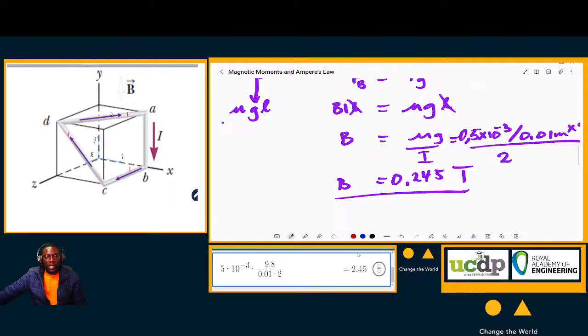So that one makes an angle, and this one is cutting the field perpendicular. So it has two components, and those two components are still perpendicular.